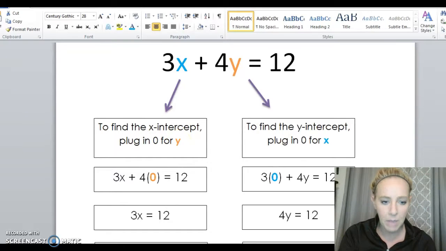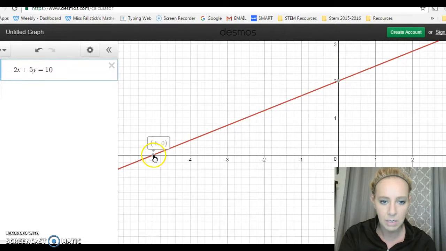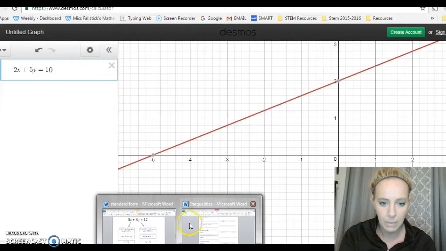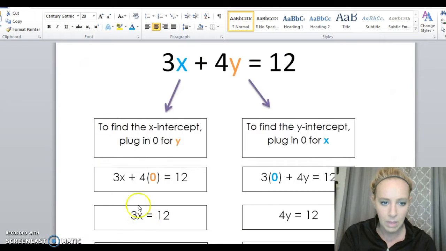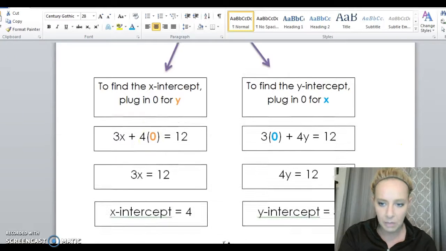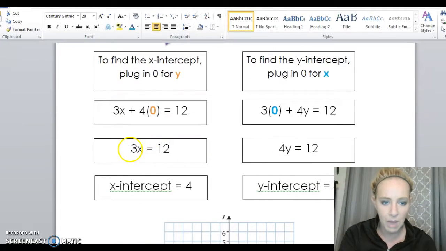Because going back to this line here, this line crosses the x-axis at negative 5, you'll notice y is 0. So if I take this equation and plug in 0 for y, it simplifies to just 3x equals 12.